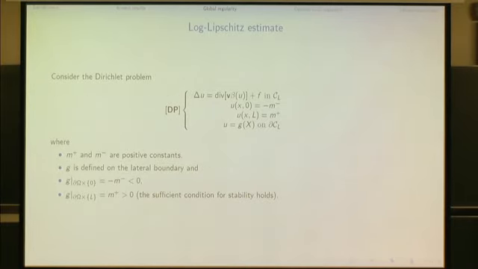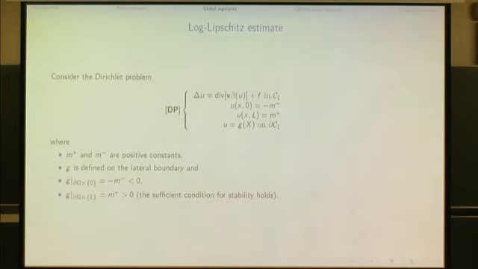Right, now I'm going to slightly improve the known continuity estimates for this problem. It is known that the solution that Rodrigues obtained is going to be at least locally Hölder continuous. So the first step here is to obtain log Lipschitz continuity up to the boundary. Again, I'm going to consider a particular choice of boundary data just to keep the argument simple.